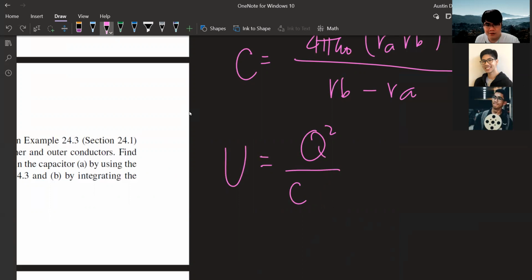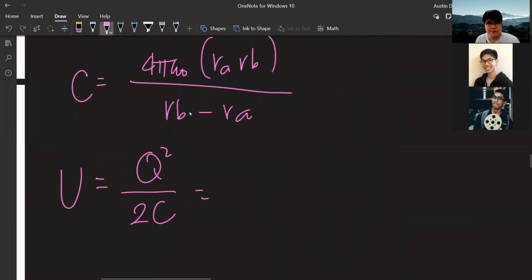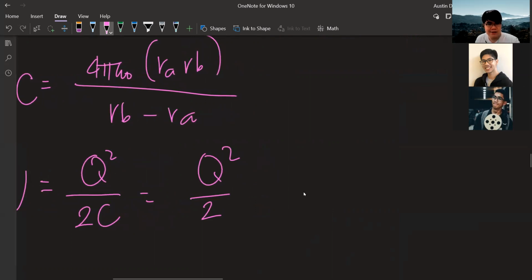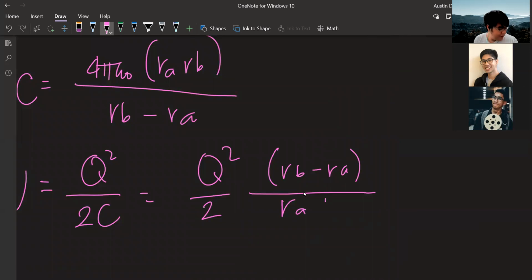Ay, sorry. 2C. Alright. So Q squared as is, then we have 2. Then we just need to get the reciprocal of C kasi nasa ilalim siya. So this is RB minus RA divided by RA RB times 4 pi epsilon naught.